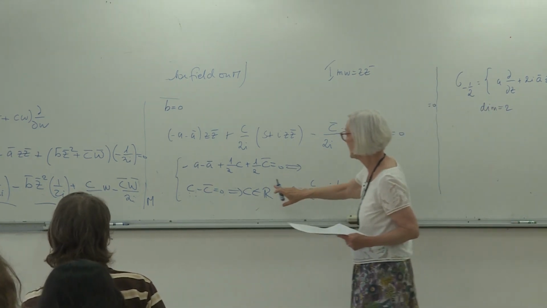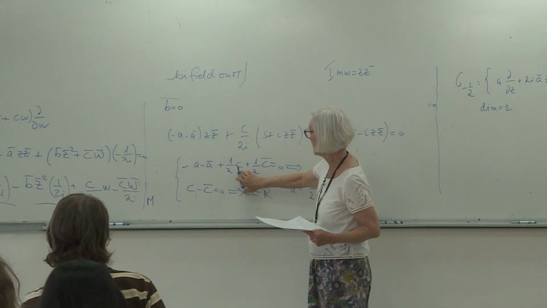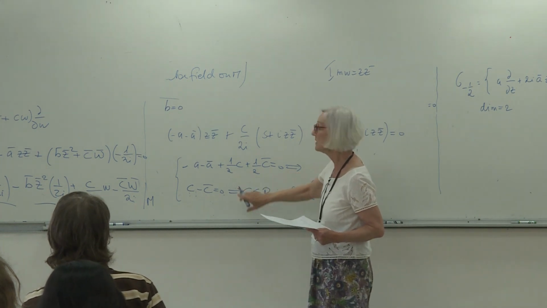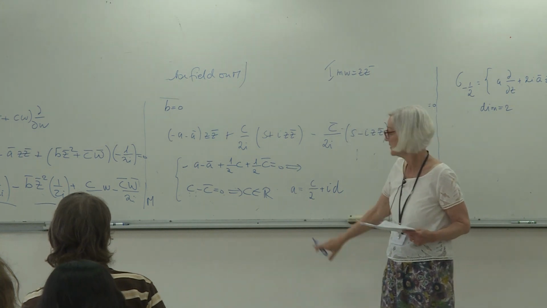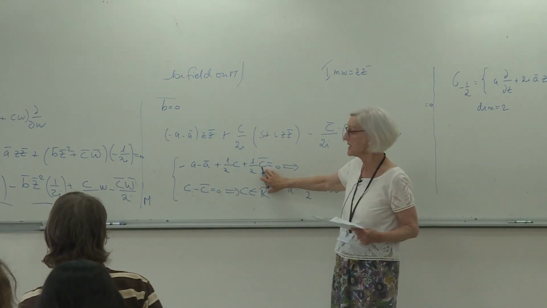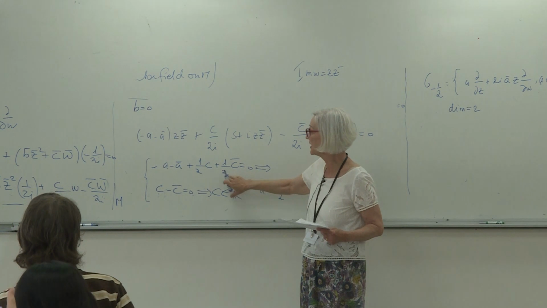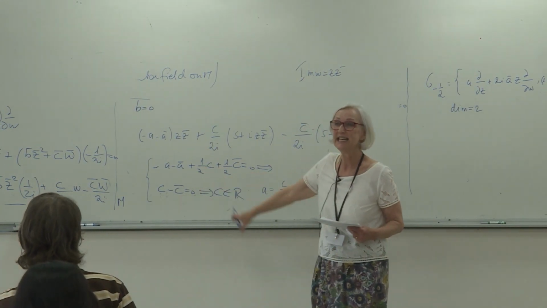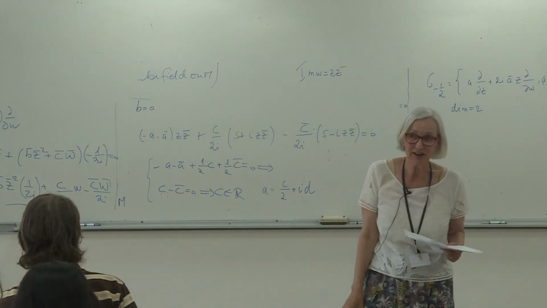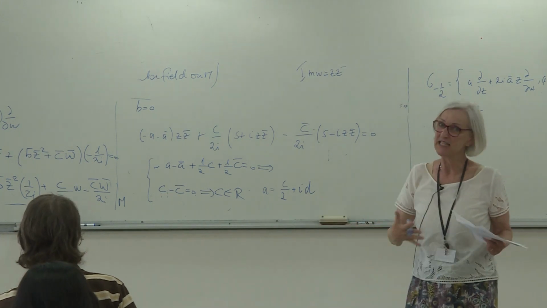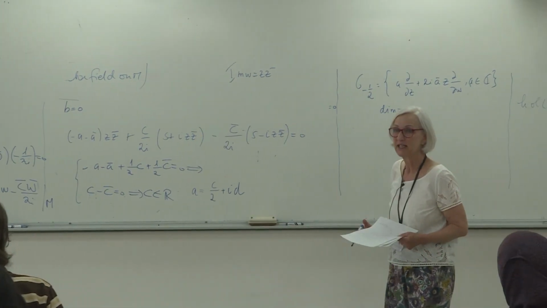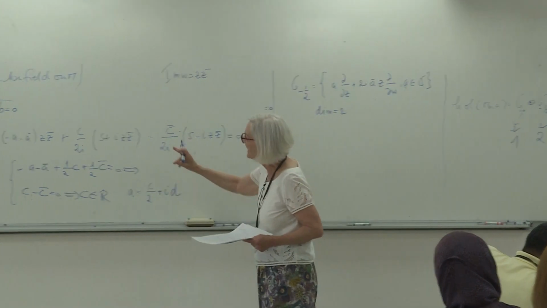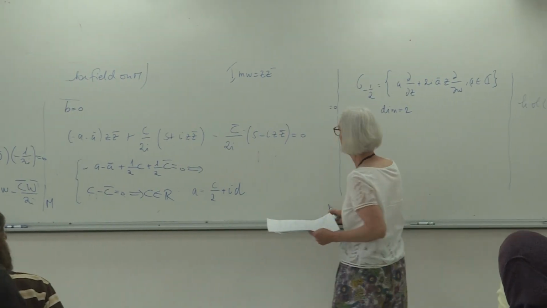Is it correct? If C is real, C bar is C, so 2 times the real part of A is C. So the real part of A is C over 2, and the imaginary part is completely free. Okay? So what do I get for G0 then?